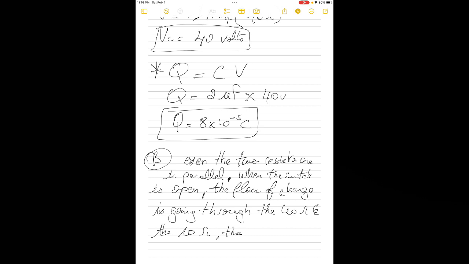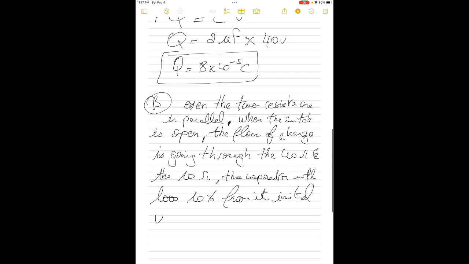The capacitor will lose 10% from its initial value.